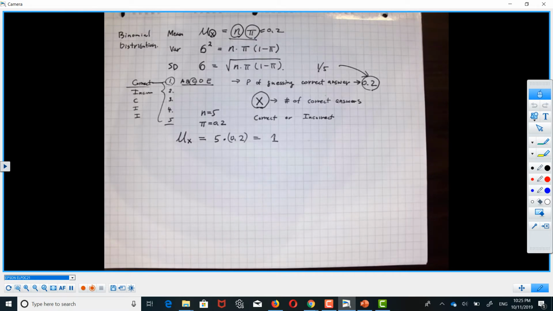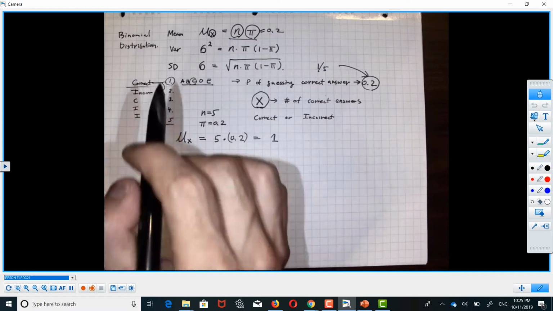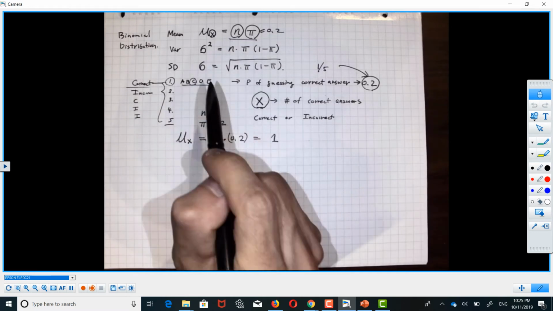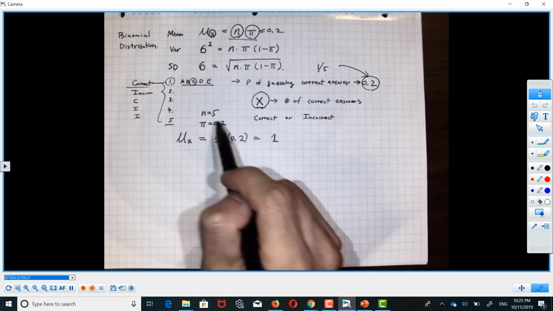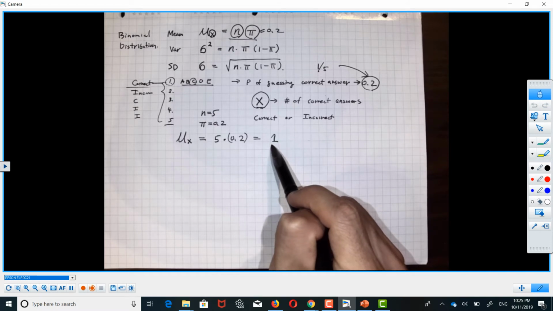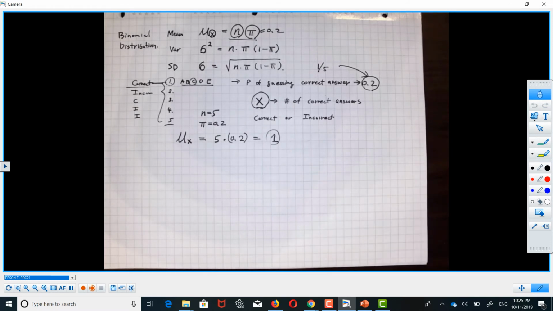So on average, when there are 5 multiple choice questions and each problem has 5 choices, you will get only 1 correct answer on average.